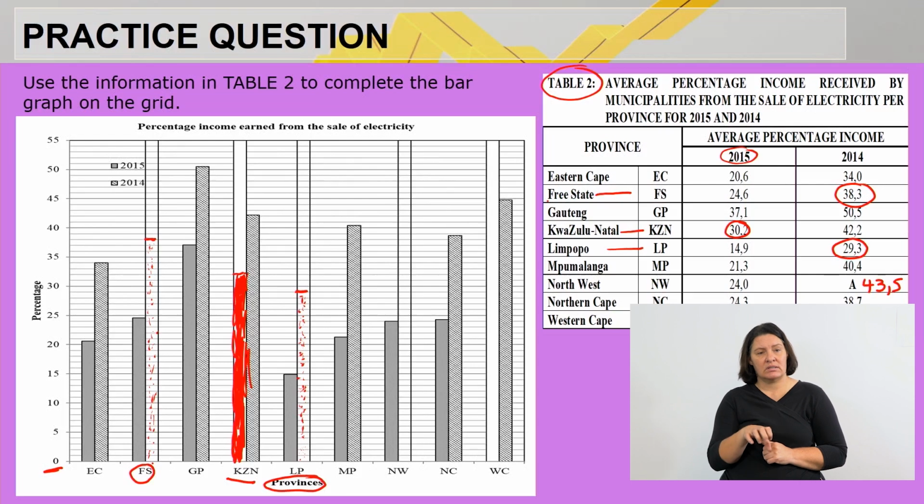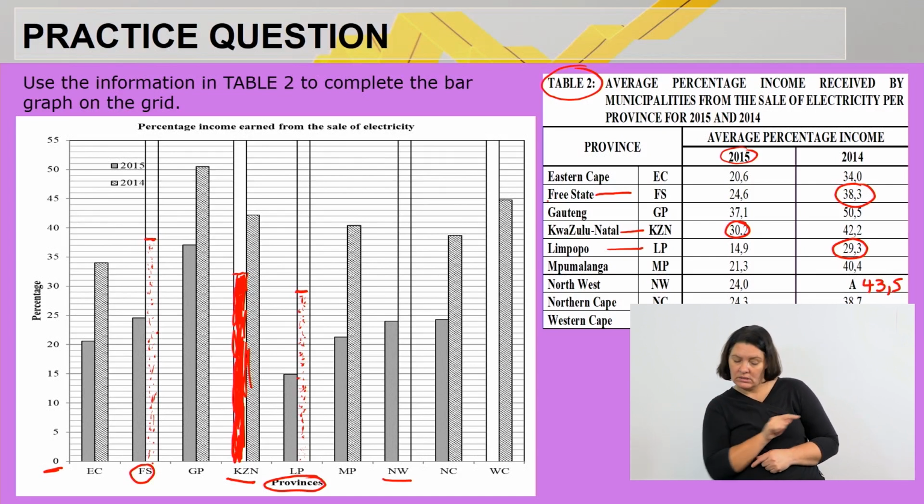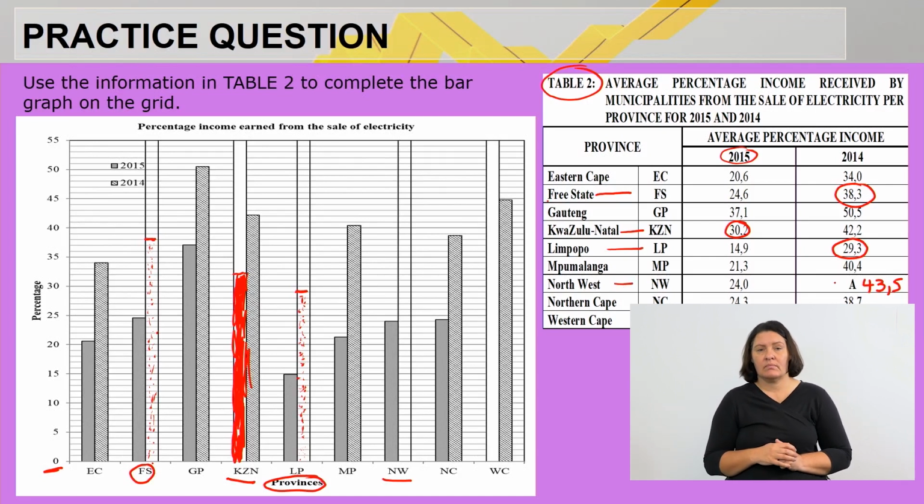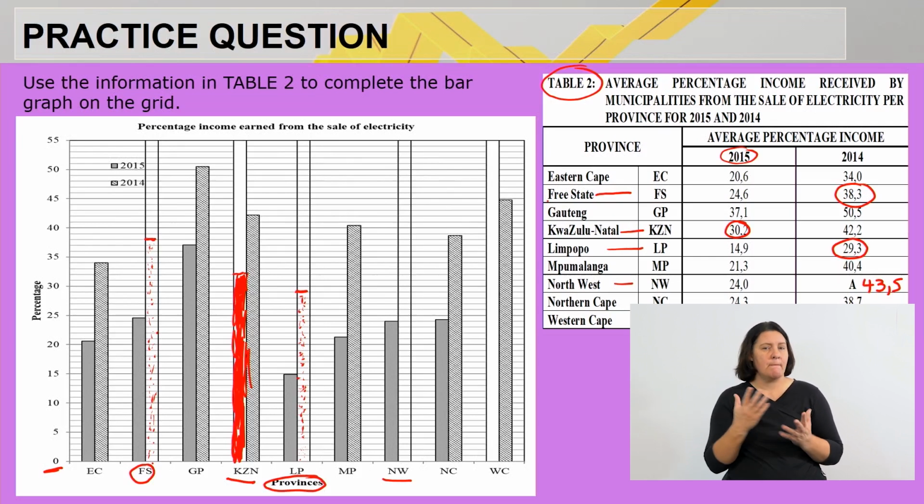Our next province is Mpumalanga. Okay, if you look at it, we'll see it's also completed already. We will now move on to the Northwest province. Northwest province, we'll see we have to complete for the year 2014. So here's our Northwest province, and we are looking at 43,5%. Remember where we had the missing value A. Okay, so Northwest, 43,5%.